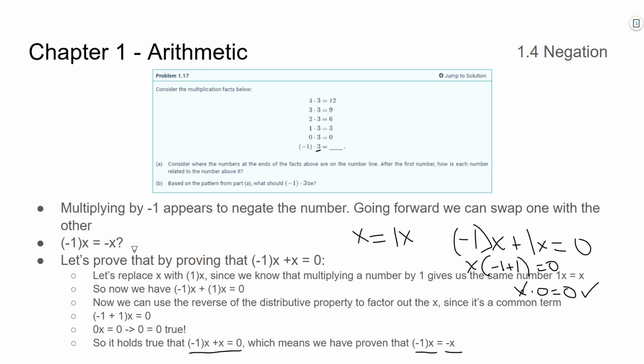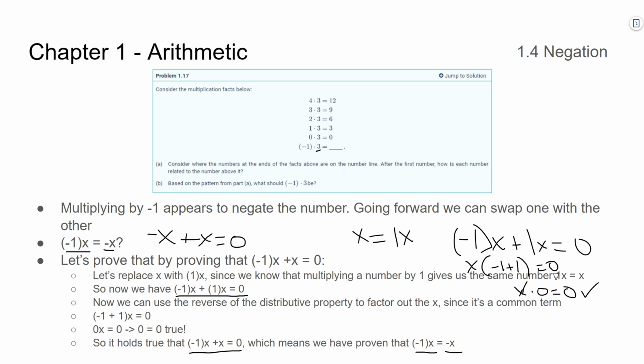And just to do a really quick recap, hopefully this is a little more clear: we would know that it's true because the negation of x is -x, or -x plus x is equal to 0. All right, so if -x is equal to -1 times x, then this should be true.